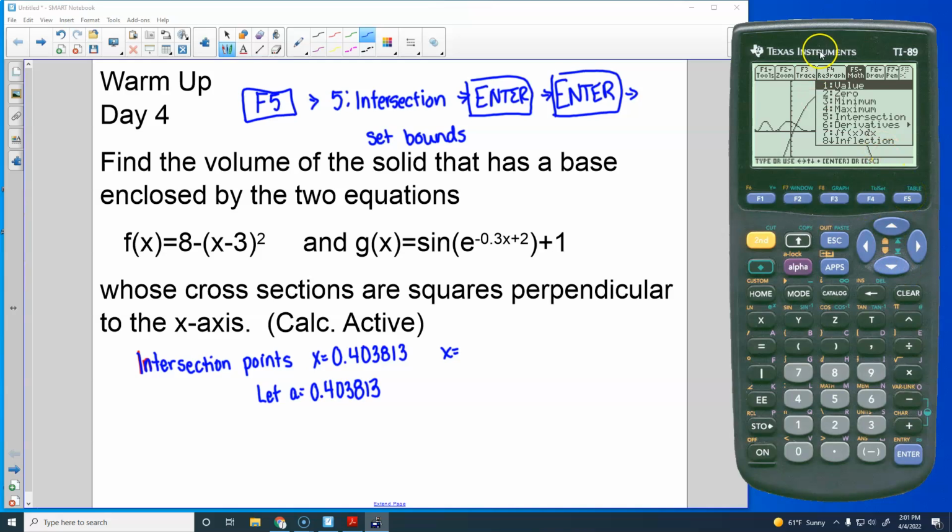Alright. Intersection. We're going to find the second one. On the lower bound, you need to be somewhere on the left-hand side. And then, first curve, it doesn't matter. If you just hit enter, enter, that should do that correctly.